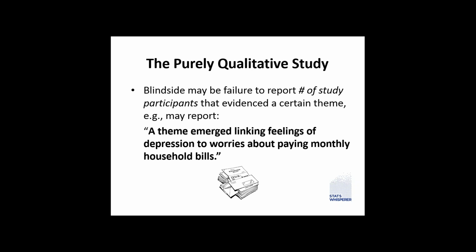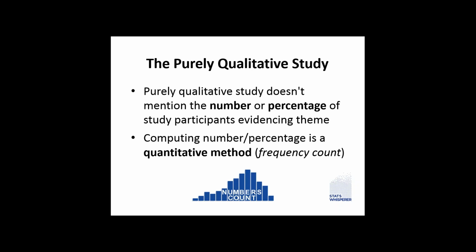It's a perfectly valid statement, and the type you'll see a lot in qualitative research. Now, the purely qualitative study doesn't mention the number and percentage of study participants evidencing the theme, right?